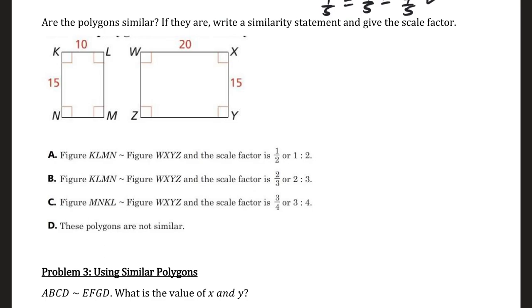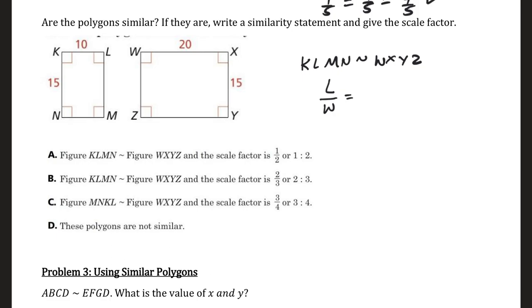It says, are the polygons similar? If they are, write a similarity statement and give the scale factor. So we have KLMN is similar to WXYZ. And since all the angles are 90, we do know that all the angles are going to be congruent. Now we got to figure out the scale factor. Since they're both rectangles, to find the scale factor, I'm going to compare the length and the width.